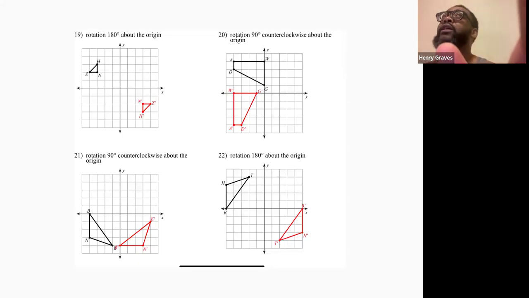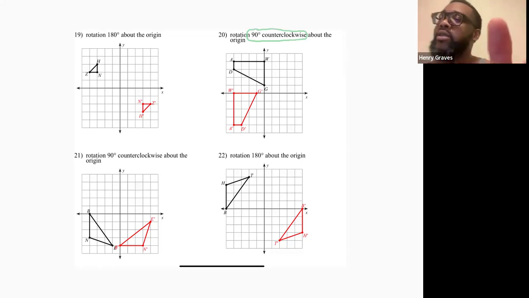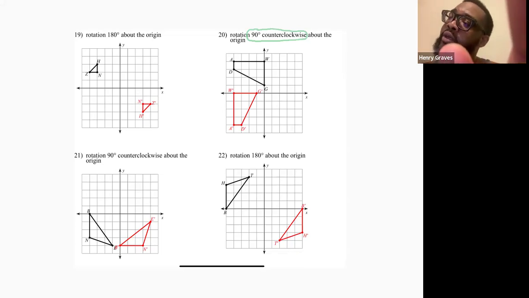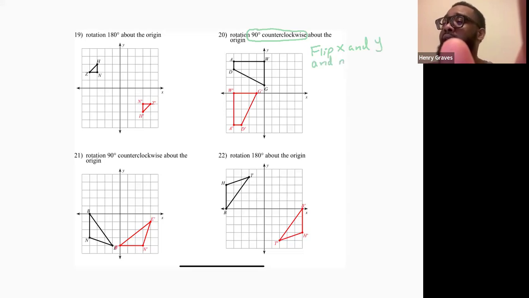If it's 90 degrees counterclockwise, I believe you're gonna flip X and Y and make X negative. That's how I believe it goes, but I'm going to check my work.